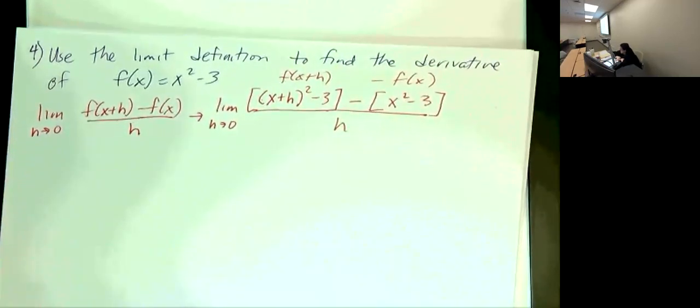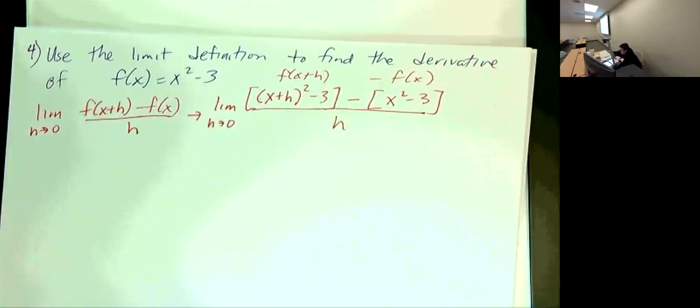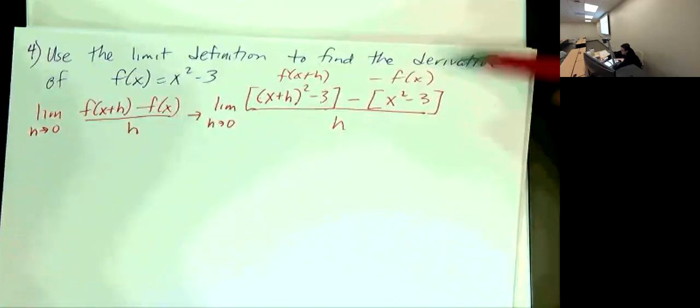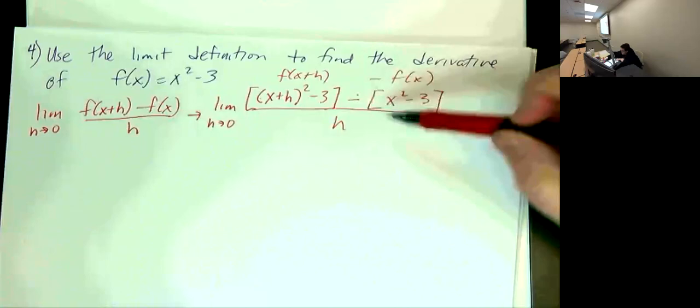I don't know that I used brackets when I was lecturing on it, but if you use brackets to separate f of x plus h and f of x, it might help you collect your thoughts better and keep it organized. It also will help you recognize that this negative needs to be distributed.